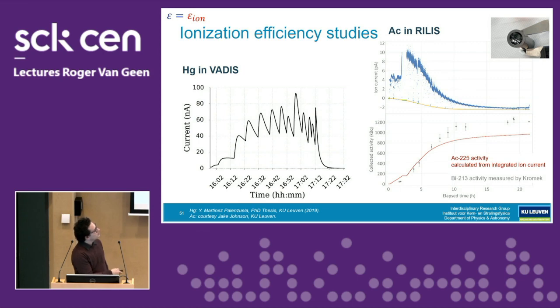And here underneath, you have the activity of actinium actually calculated from that current in red and compared to activity from a decay product, bismuth-213, as measured by a cadmium zinc telluride detector we have in our chamber.